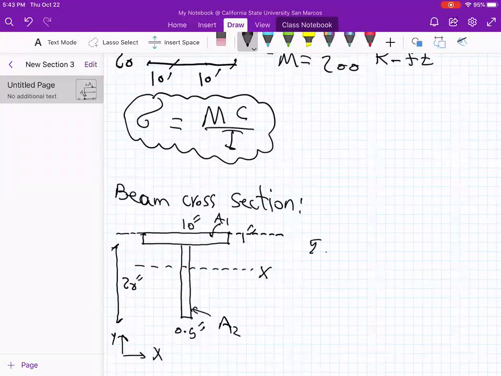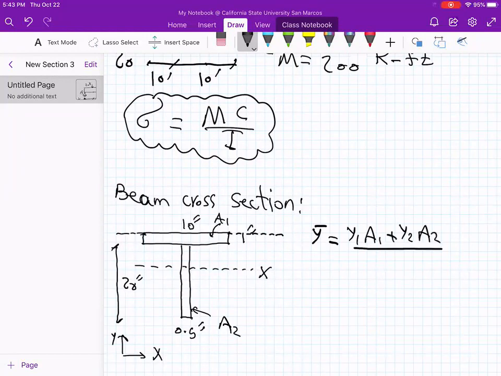Then Y bar would be Y1A1 plus Y2A2 divided by A1 plus A2.